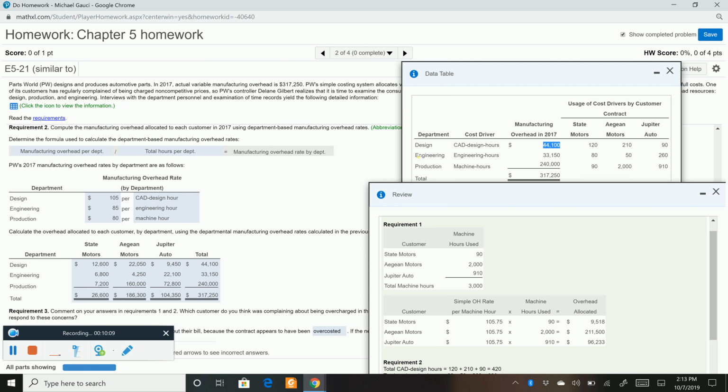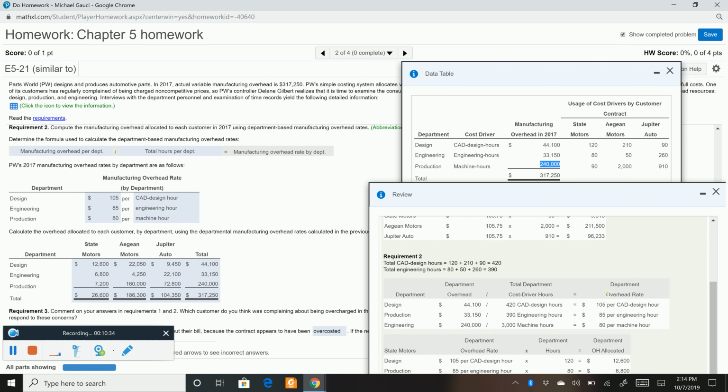In the engineering department, the best way to allocate cost is based on engineering hours. We spent $33,150 in the engineering department. And lastly, in the production department, we conclude that the best cost driver is the machine hours, and we spent $240,000 in the production department.